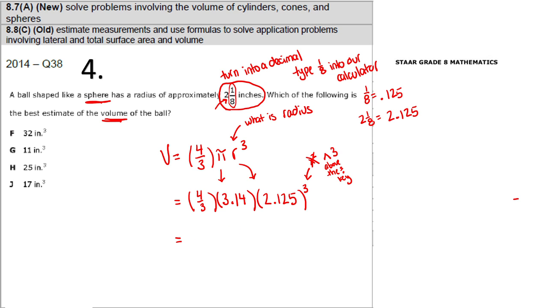You type that in your calculator, open another set of parentheses, times 3.14, close that parentheses, then another parentheses, times, because parentheses and parentheses mean times, 2.125, close that parentheses, then you hit the up arrow after you close this parentheses right here, up arrow, and a 3. That's how we're going to do the exponent. So you should see it smaller in your calculator. After that, you can hit enter and get your answer.